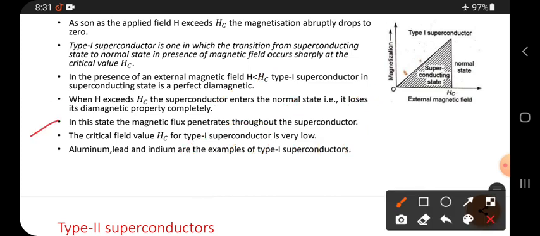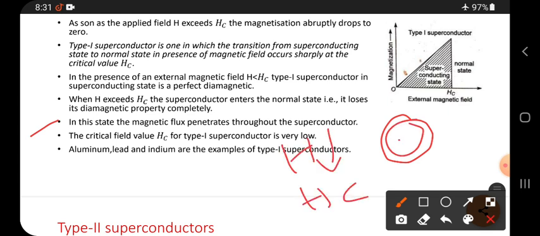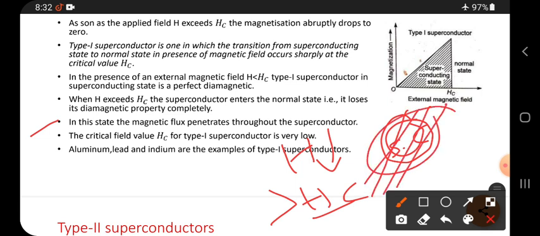In this state, magnetic flux penetrates throughout the material. So at the beginning, when H is less than Hc, it is a superconductor. When H is greater than Hc, lines of force start penetrating through it, so it cannot act as a superconductor.